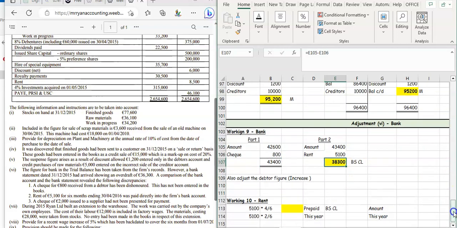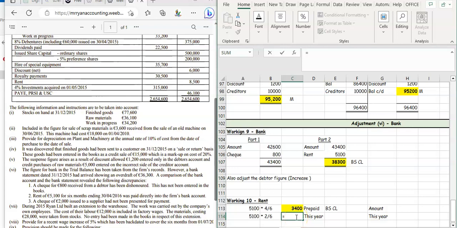Then we need to calculate how much the expense is for our rent. So we've got 5,100. 4/6 of that is for next year. So 5,100 multiplied by 4 divided by 6 gives you 3,400 as prepaid, so that goes into your balance sheet as a current liability.